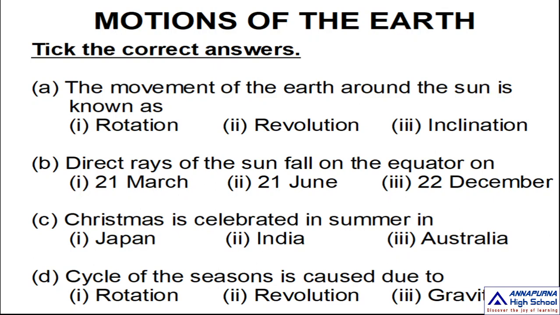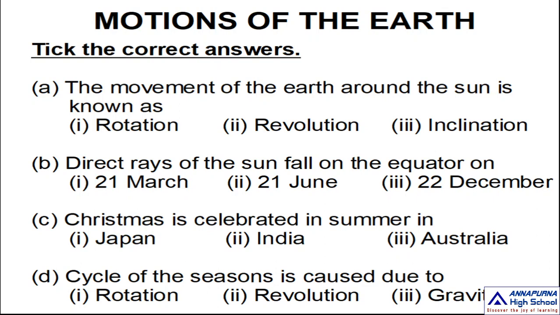Next, Christmas is celebrated in summer in dash country: Japan, India or Australia. What is your answer here? Australia. Why? The reason is in Australia summer is going on in the month of December.